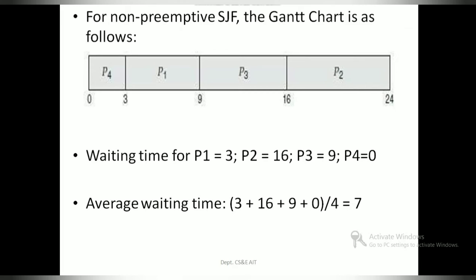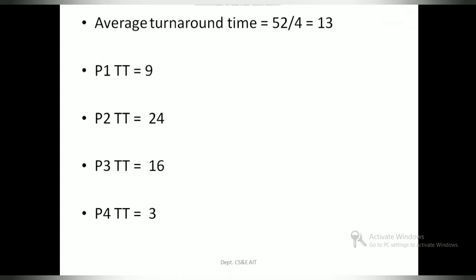And turnaround time is the time at which the process completes its execution. So P1 completes at 9, P2 completes at 24, P3 completes at 16, P4 completes at 3. So you will eventually calculate your average turnaround time by summing these and taking the average.